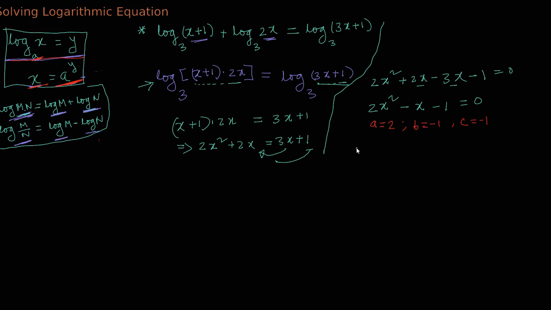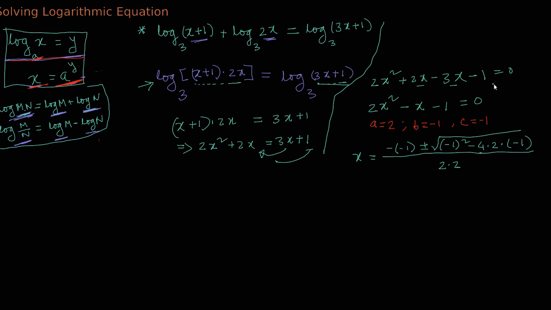So let's apply the quadratic formula. x equals minus b, and b is negative 1, plus minus square root of b square, negative 1 square, minus 4ac, where a is 2 and c is negative 1, over 2a, and a is 2.